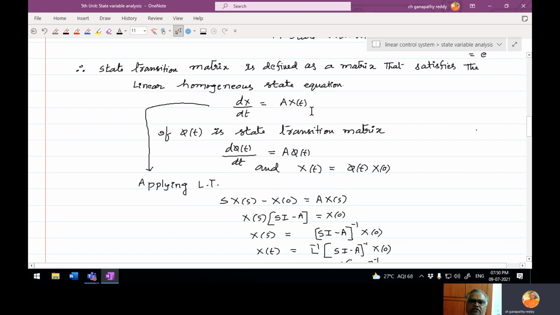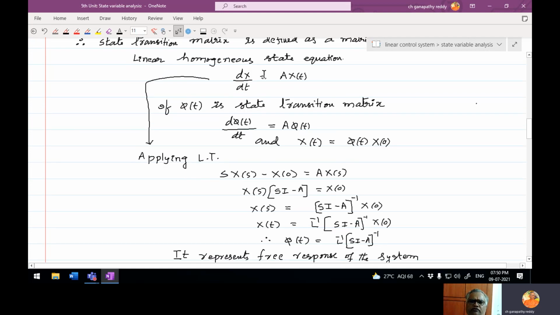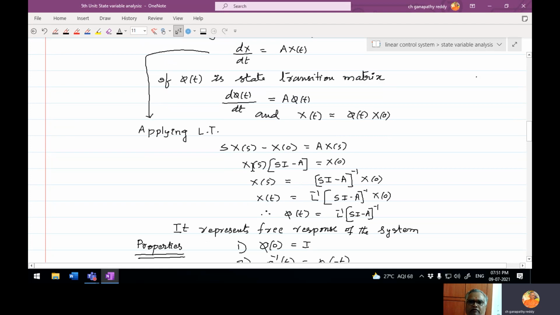Then applying Laplace transform to this equation, we want to solve this equation. That is s into X of s minus x of 0 is equal to A into X of s. Again X of s common, sI, where I is the identity matrix.